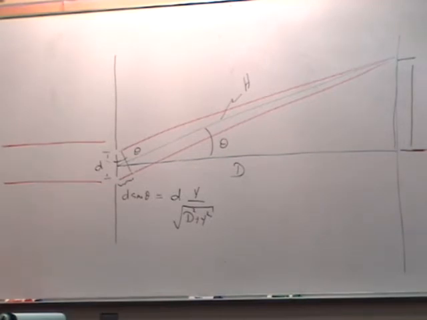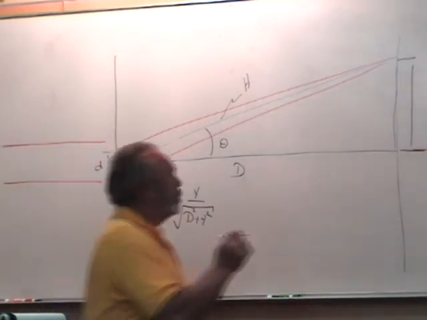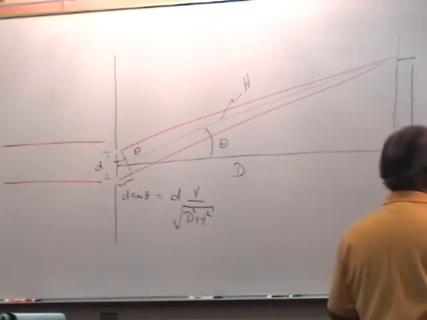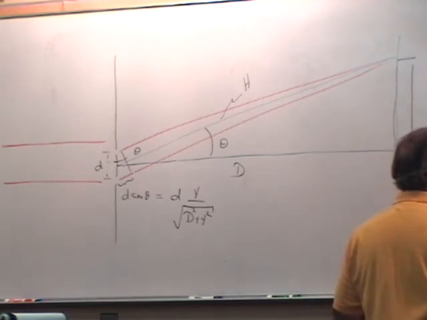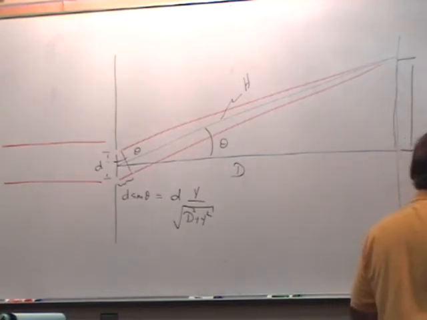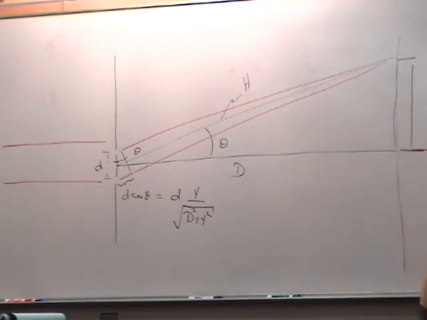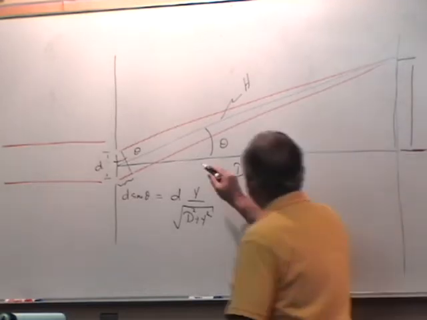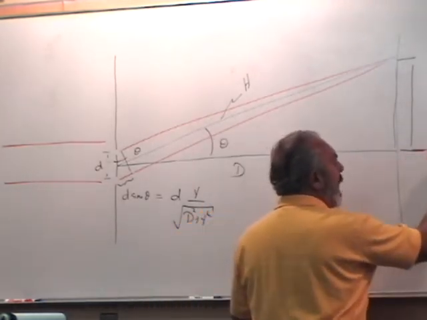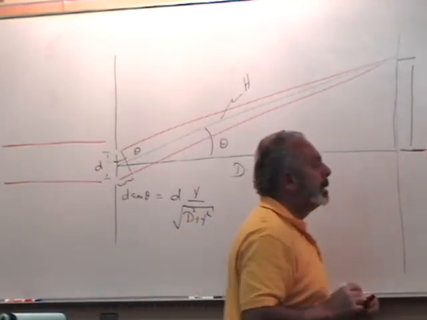Yes. So I'm going to say it in an equation: d sine theta equals m lambda, where m could equal, well, could it equal 0? Yes, it can. The bright central maximum is when m equals 0.